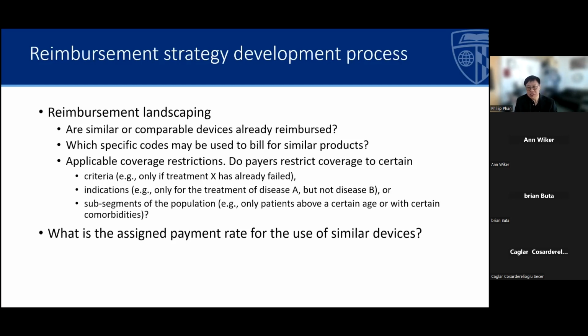So it's very, very specific. The second thing is the indications, obviously, right? As we know, there's lots of off-label prescribing going on. Sometimes that's covered, sometimes that's not covered. So it's very important to understand what the specific indications are that a particular treatment or a device or a drug is being used for. And then the third thing could be specific segments of the population.